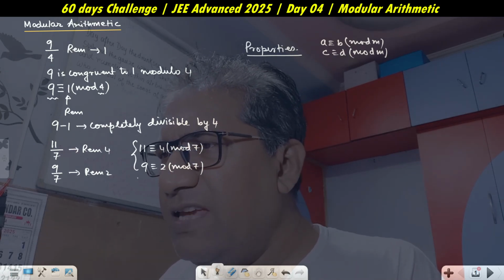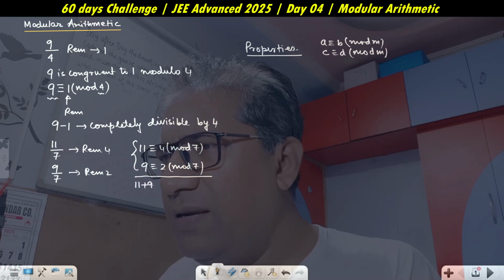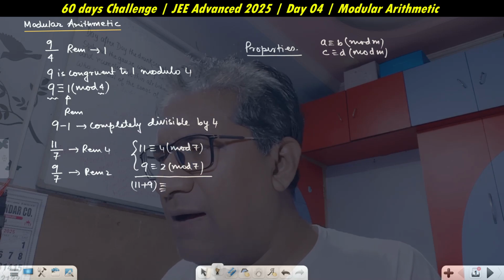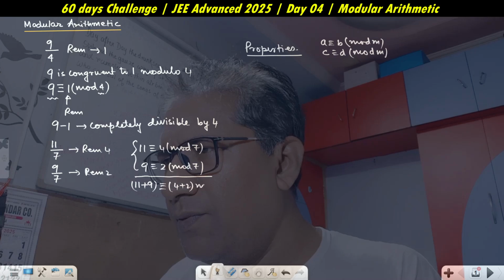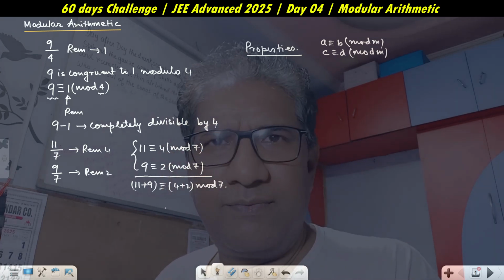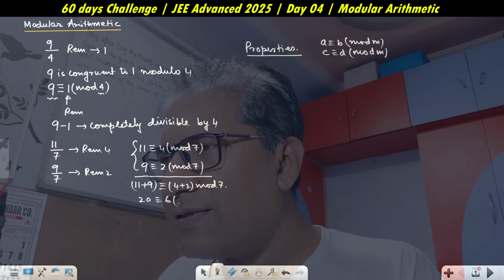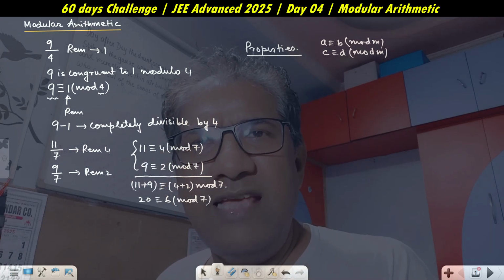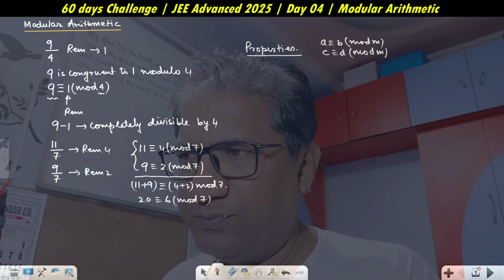In this case, if we add 11 plus 9, this will become 4 plus 2 modulo 7. Question: is it correct? Absolutely. Because this gives us 26 modulo 7, that is, when 20 is divided by 7, the remainder is 6.